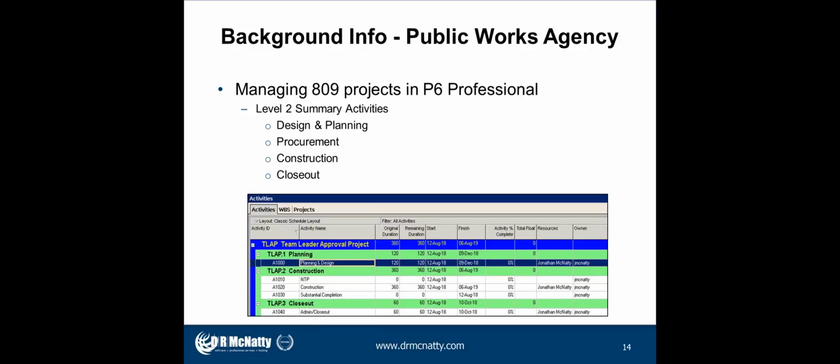They're pretty much keeping it high level, and you can see here design and planning, procurement, construction, closeout, and a couple of the activities, very high level. We're not getting into a lot of the detail of a full-blown CPM schedule with a long critical path and things like that. They're keeping it pretty simple, and a lot of it is for reporting purposes.